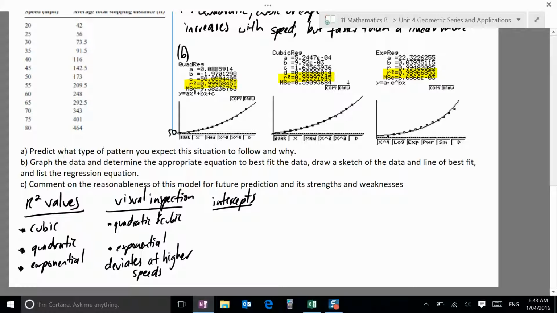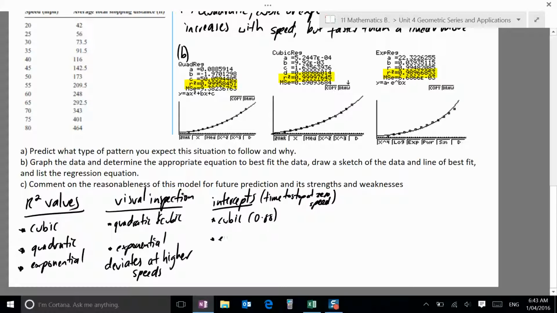Okay, and exponential is telling us, so the A value is our intercept, it's going to take 22 meters to stop. Okay, so in terms of making sense of these intercepts, the best one is cubic, which is 0.88.